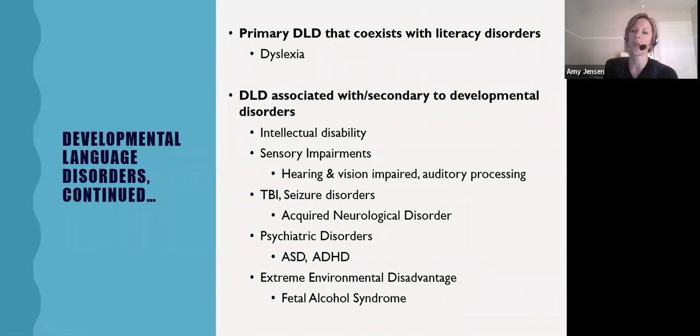Primary DLD can also coexist with literacy disorders, for example, dyslexia. It's not uncommon for some written aspect of language to be affected, although it can be unaffected. It just depends.